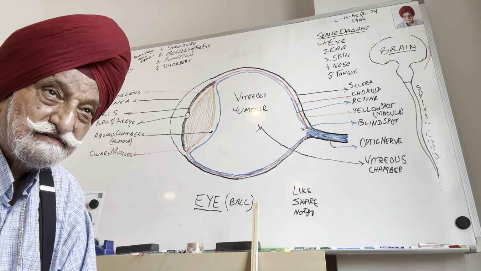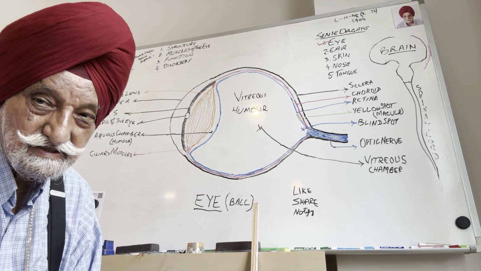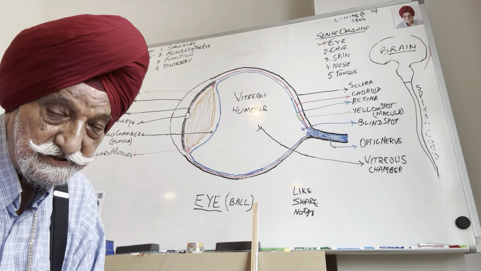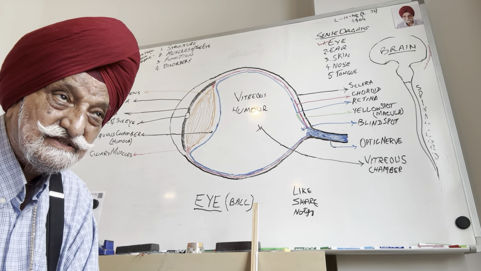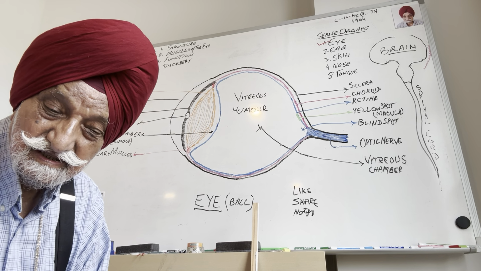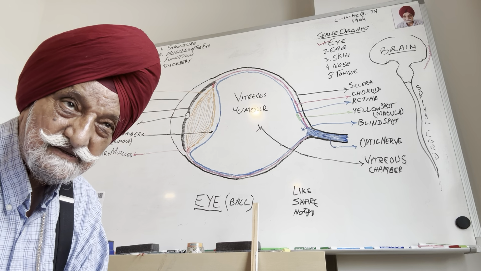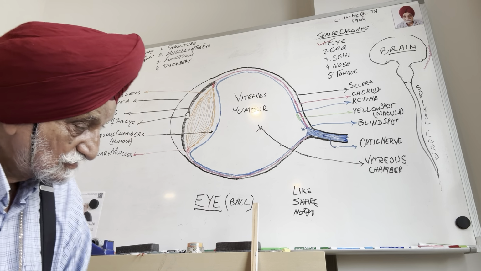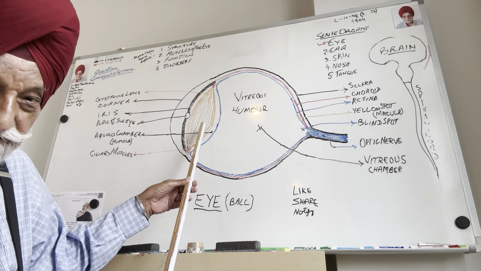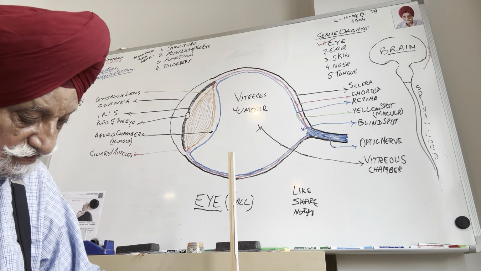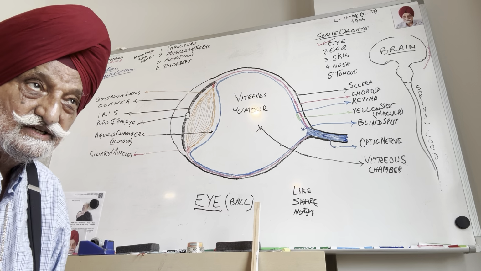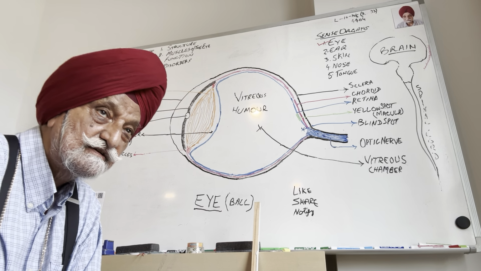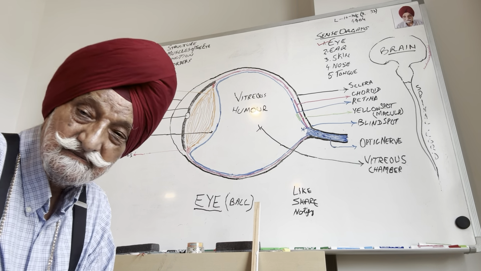Hence, the image that we see is not very clear, it's blurred. There's a remedy for it, and it is, of course, a very small procedure by means of which this lens is removed and another lens, an artificial lens, is placed inside the eye, which can focus the objects at a distance or close up.